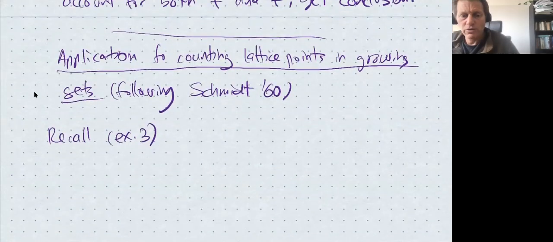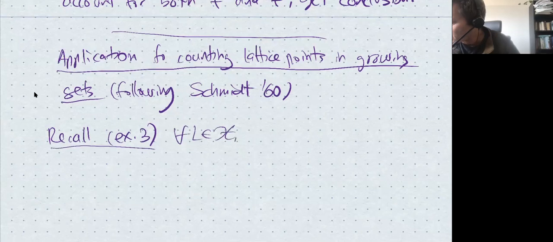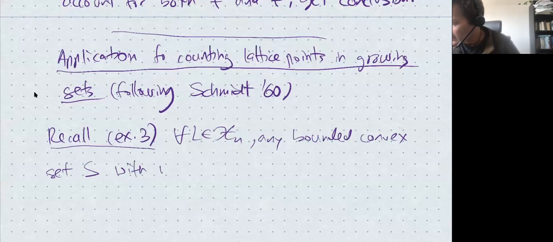This is sometimes known as the Gauss circle problem, but it's actually a kind of a general fact. Take any lattice of covolume 1, any bounded convex set S with non-empty interior.